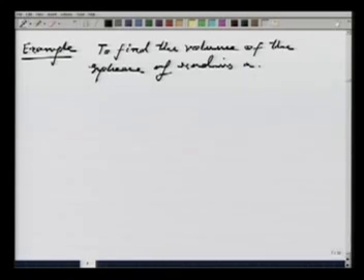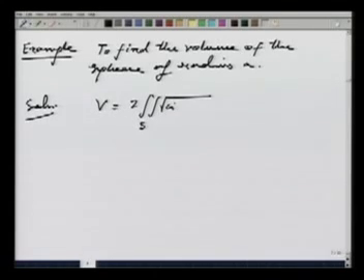Then I know very easily that this volume V, by symmetry, is given by 2 times the double integral over S of the square root of a square minus x square minus y square dx dy, where S denotes the upper half of the sphere. So what is S?